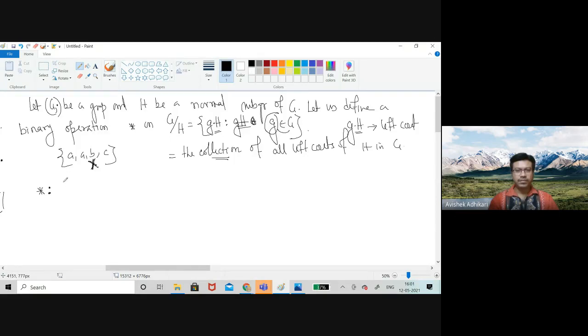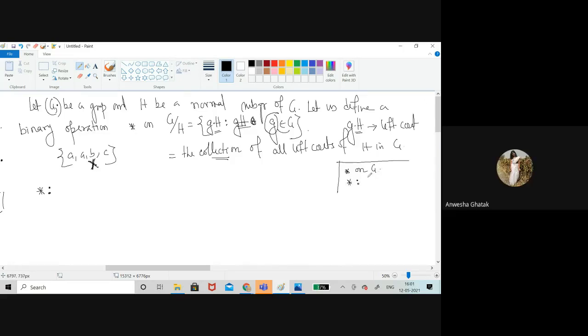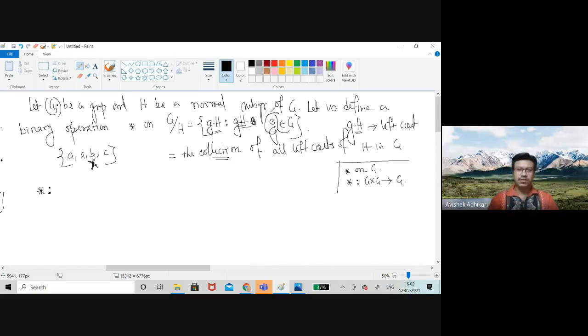So suppose star is a binary composition on G. What does it mean? Star is a mapping from where to where? G cross G to G. Very good.